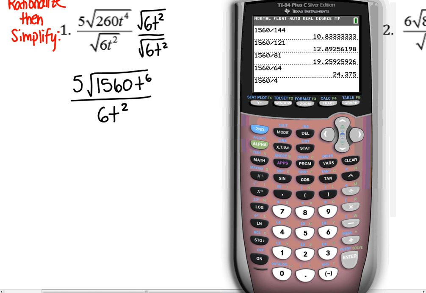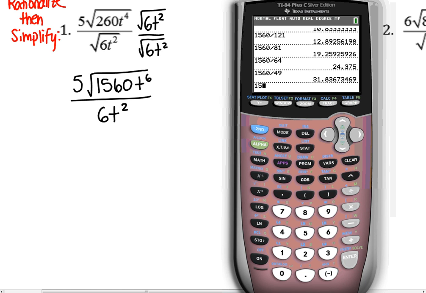And there's 49. Having much luck? Nope. 36. 25 won't. It's not a multiple of 25. 16. Nope. 9. Nope. 4. Yes. Okay, we don't know if there's any larger, but probably not.